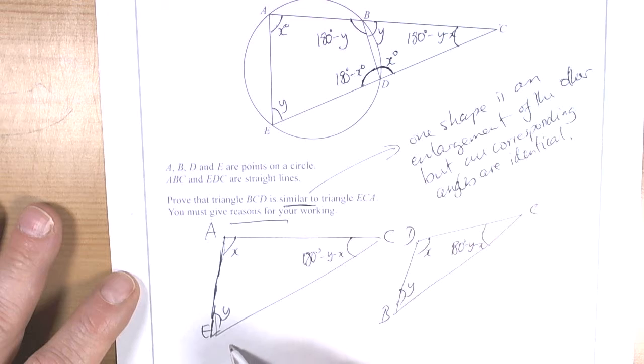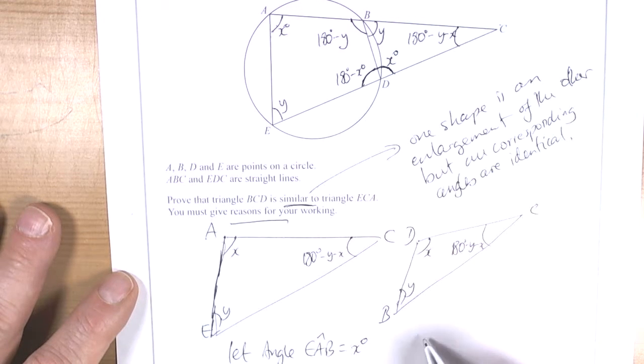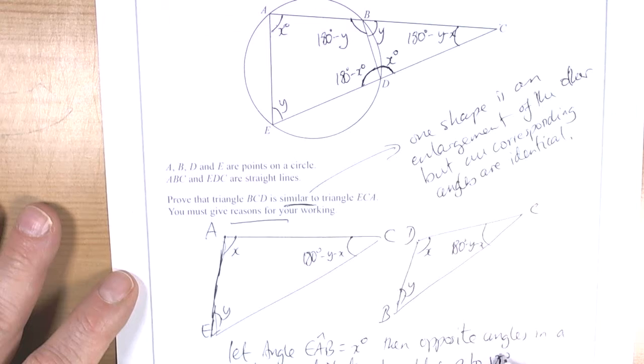So we're going to say let angle EAB equal x degrees, then opposite angles in a cyclic quadrilateral add up to 180 degrees, therefore EDB equals 180 degrees minus x.